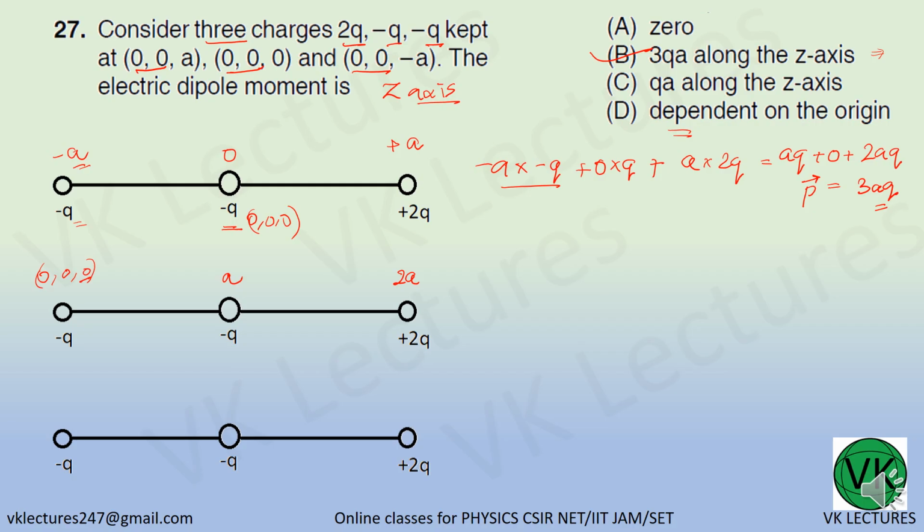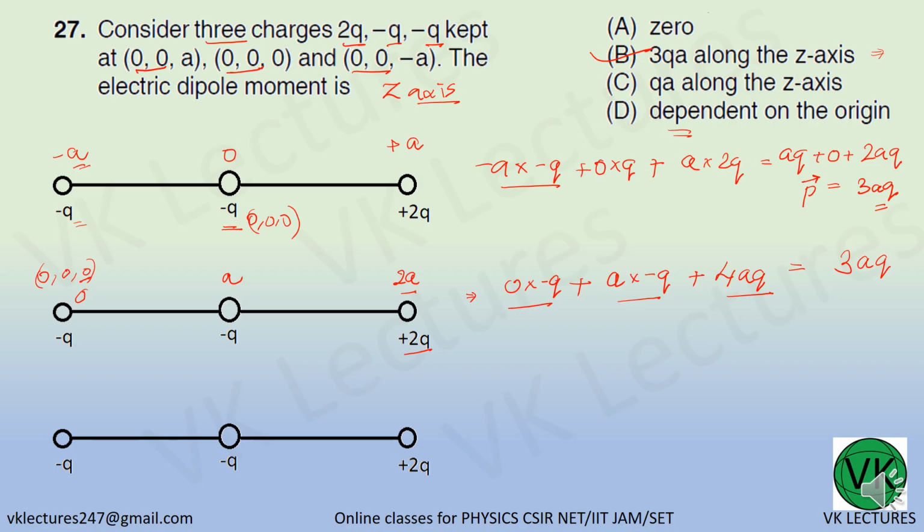Now let us write down the dipole moment: 0 into minus q, plus a into minus q, plus 2a into plus 2q, so 4 times aq. So this is 0 minus aq plus 4aq. Dipole moment will be 3 times aq.